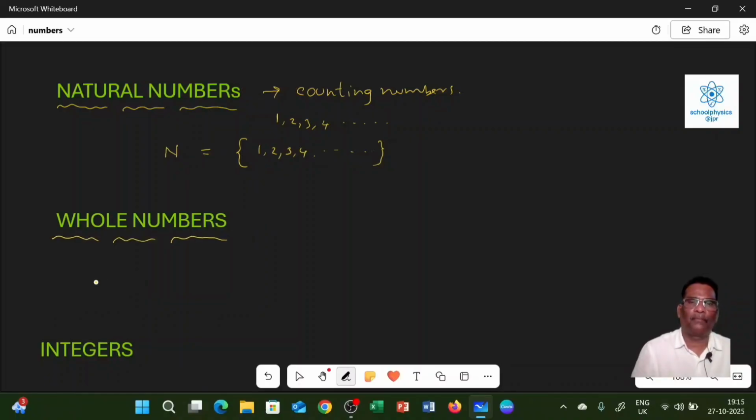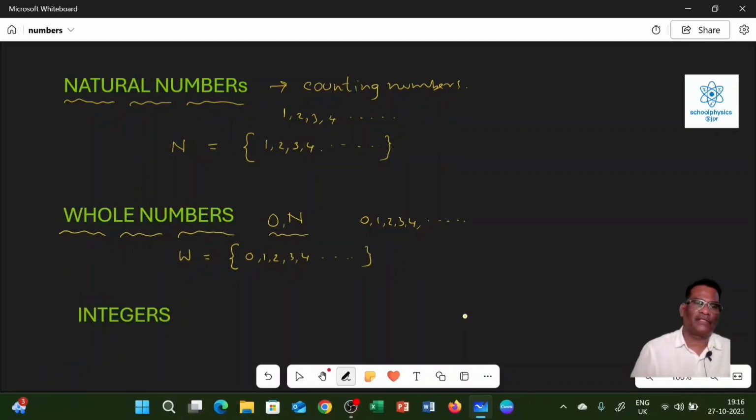Whole numbers: the natural numbers including 0 are called whole numbers. The whole numbers start from 0, 1, 2, 3, 4 and so on. Whole numbers are represented by the letter W, the set of 0, 1, 2, 3, 4 and so on.